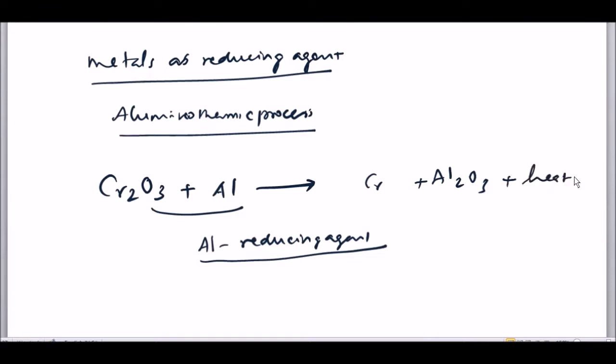A larger amount of heat is liberated, and to balance this equation, I can write 2 times chromium and 2 times aluminium. So this is the procedure called the aluminothermic process. It's a highly exothermic process, by heating the aluminium along with this Cr2O3.